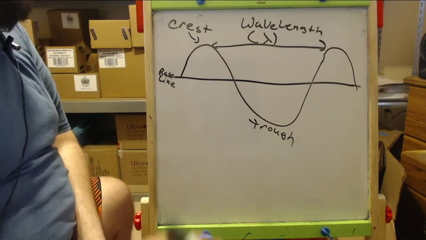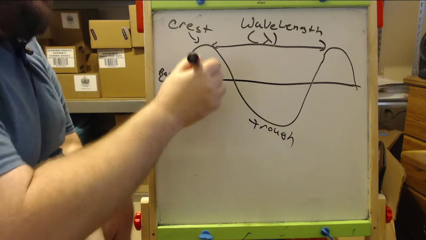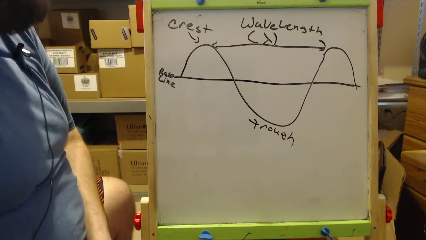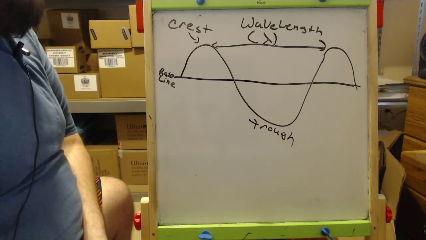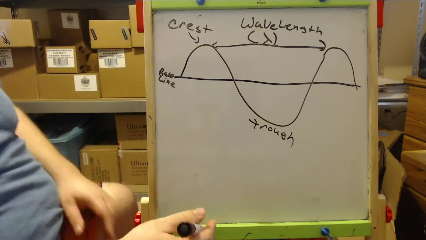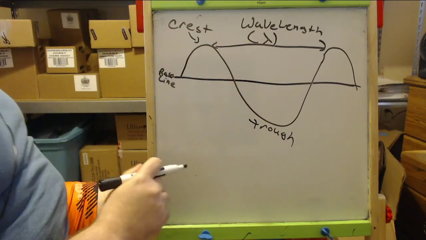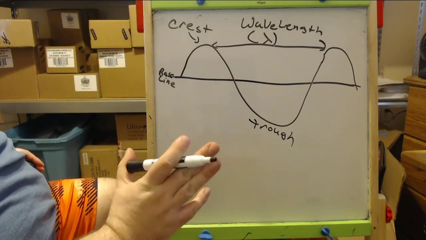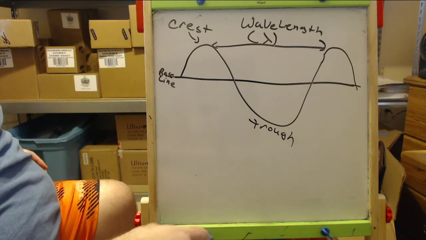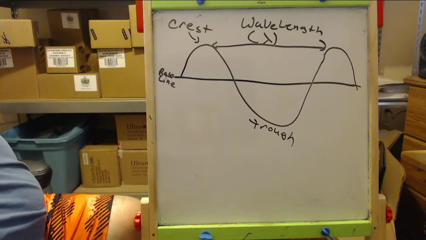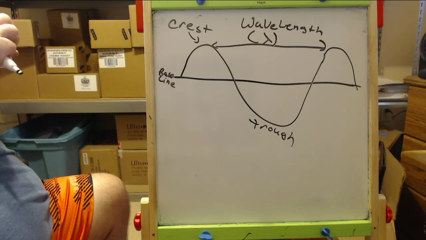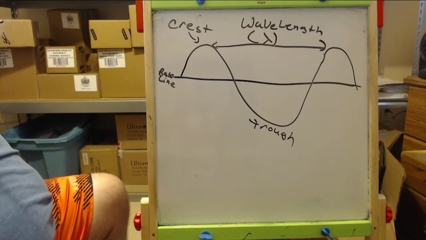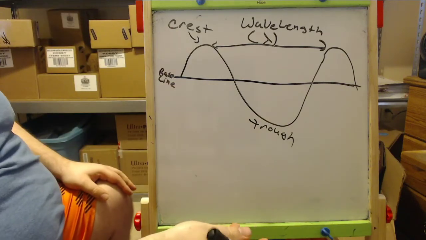Now, there's other parts of the wave we're not really going to get into. The distance from base to crest is known as amplitude. Okay. But we're going to focus on wavelength. So wavelength is represented by lambda, and all electromagnetic radiation, whether it's white light or X-rays or AM radio waves or microwaves, they all move in this fashion.